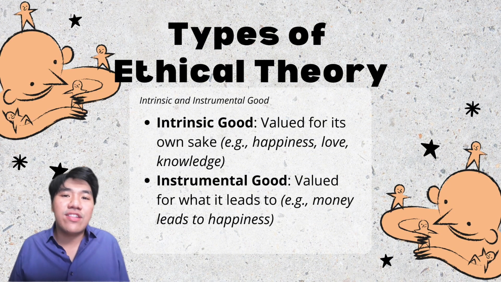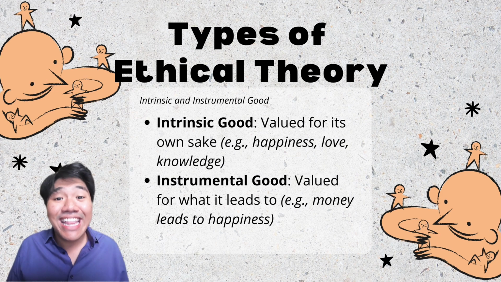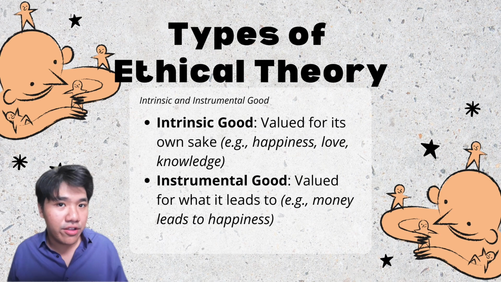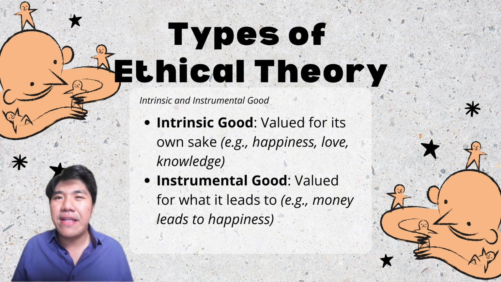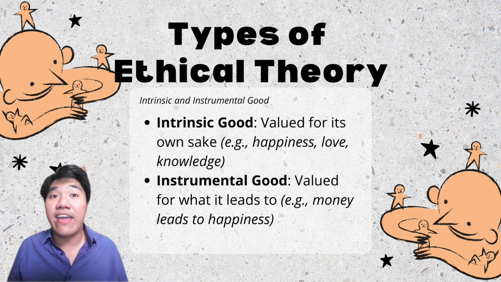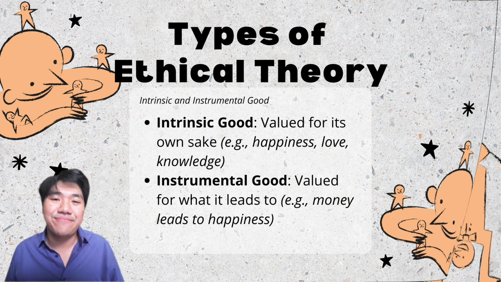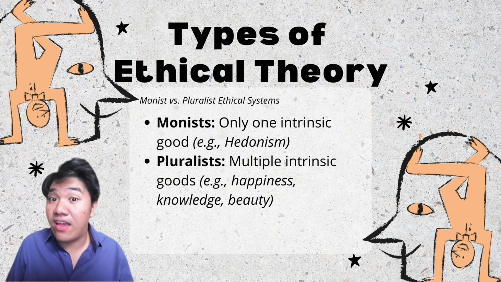The next one, which is instrumental good, refers to things that are valuable because they lead to something else that is good. For an example, money is considered an instrumental good because it can be used to obtain intrinsic goods like happiness or well-being.